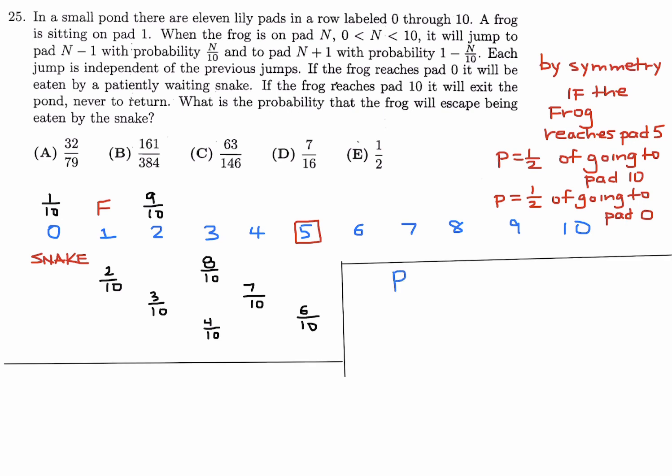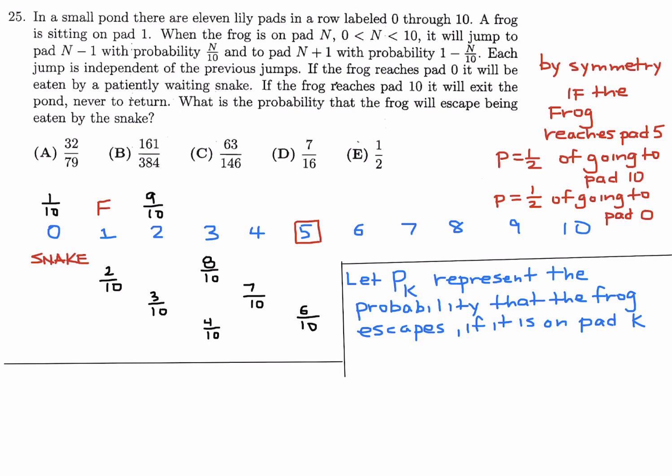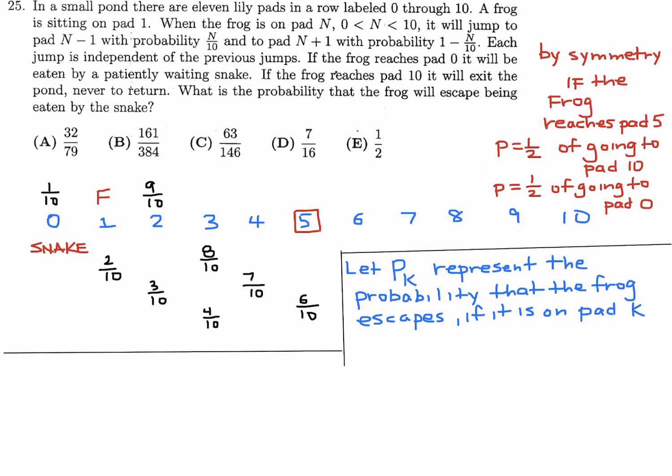So let's give a definition first. Let pk represent the probability that the frog escapes if it is on pad k. So, based on that definition, P1 is the equivalent of 9 over 10 P2, right?